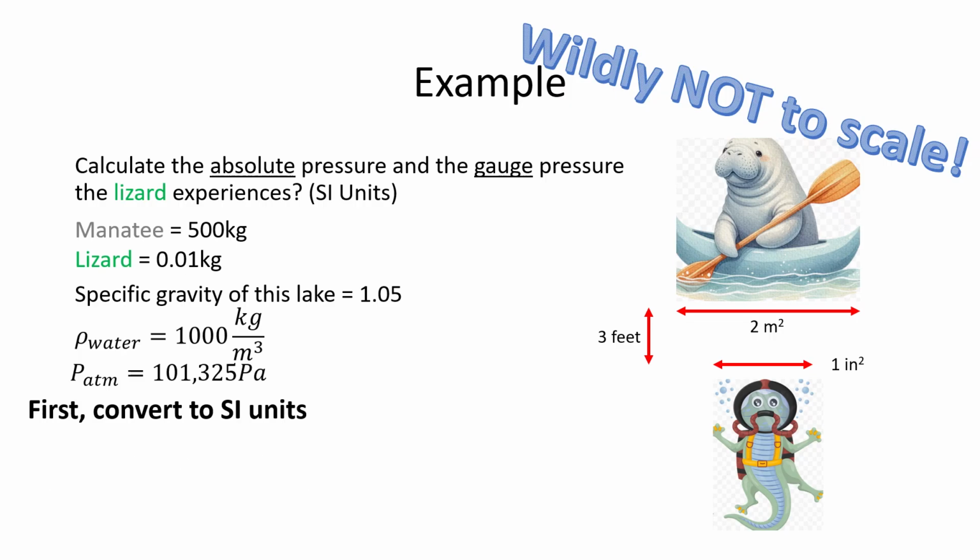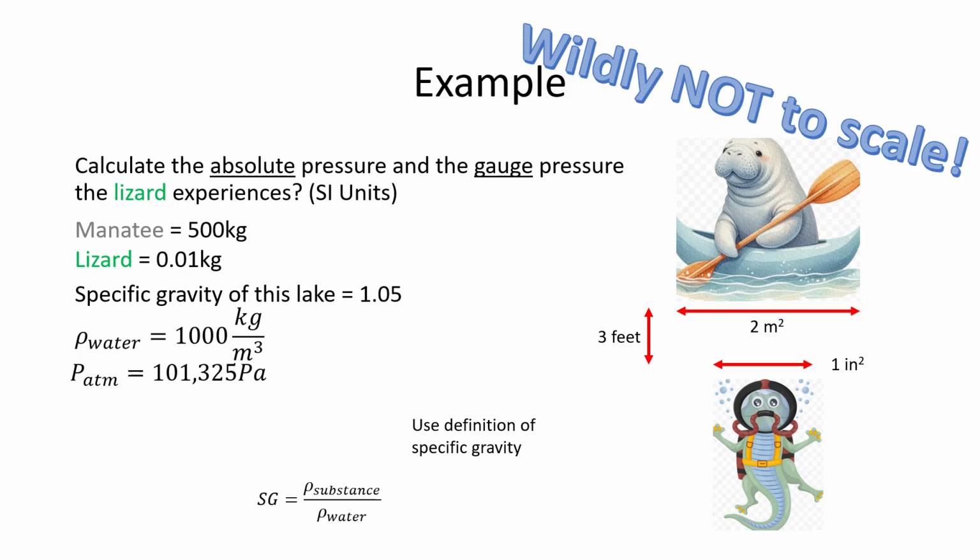We are given specific gravity. Specific gravity is, of course, unitless, and I need to know the density of the lake. What do I do? Let's look at the definition of specific gravity again, it being the ratio of the density of the substance to the density of water. We are given the density of water, and thankfully it is given in SI units.